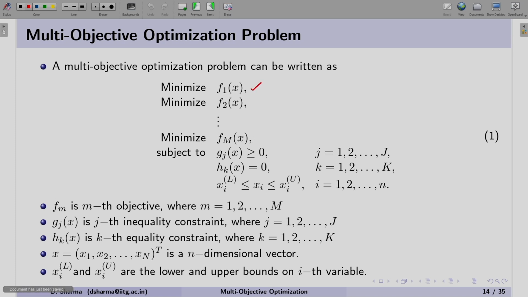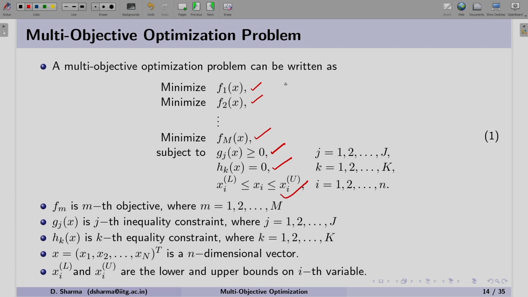So, we want to minimize F1, minimize F2, and similarly minimize Fm. We want to minimize all these objectives, and this problem is subject to inequality constraints. This format is known to us. Similarly, we have equality constraints and variable bounds.